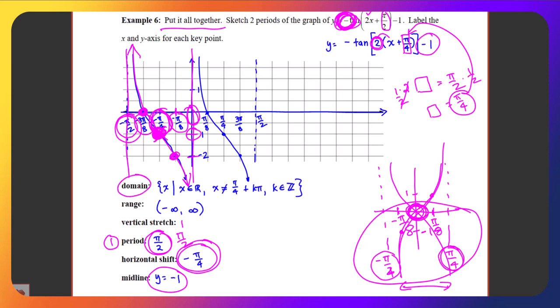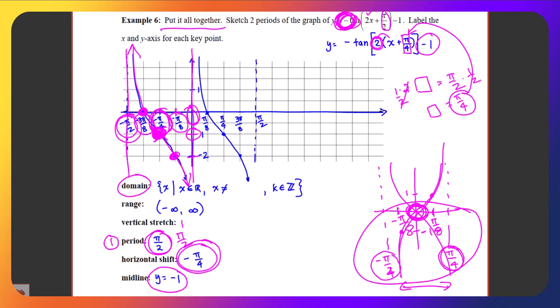Domain, I have to jump over all of the vertical asymptotes. So then one vertical asymptote is, let's say, at 0, and actually I have to correct this. So it's 0 plus, and how far away is the next asymptote? Well, it's 1 period, pi over 2.